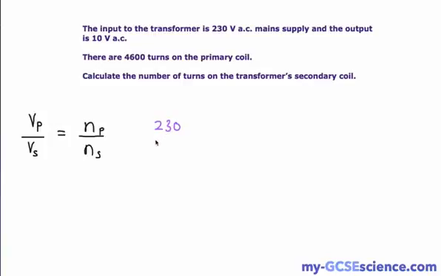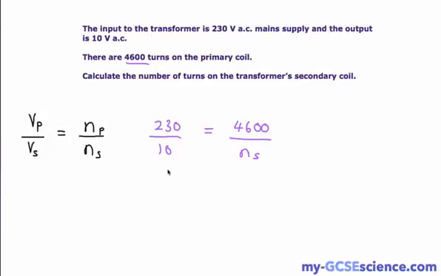230 on the input side, so that's our voltage across the primary coil. That's divided by 10, and that will give us the number of turns on the primary coil, which is here, it's 4,600, divided by the number of turns in the secondary, which we don't know.